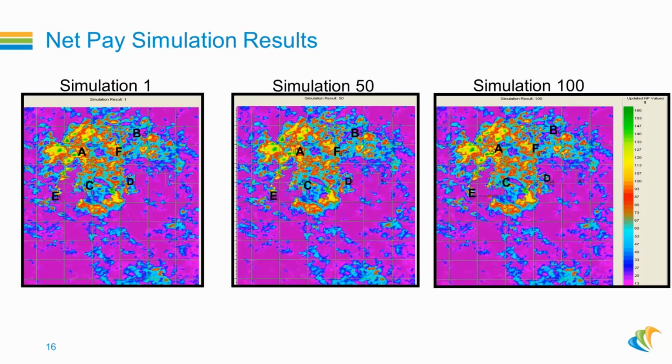Once we are done with the simulation, we go to the analysis and derive these maps, either probability maps or indicator maps, so we can judge the quality of the data. We can create 100 different realizations of this co-kriging map, in this case showing wells and seismic: simulation 1, simulation 50, simulation 100.